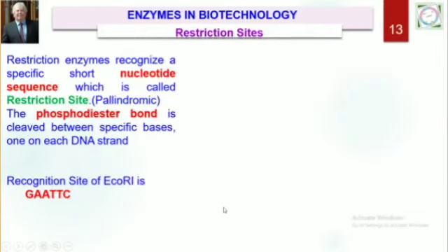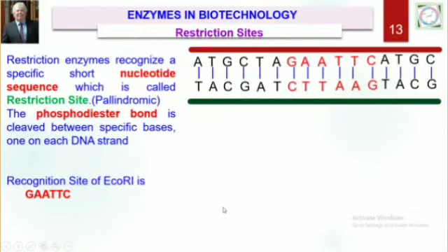Now, we look at the specific sequence or restriction site. As I have already mentioned, the restriction site is a palindromic site, a specific site recognized by the restriction enzymes. And here we take the example of EcoRI. The EcoRI recognizes the site GAATTC.